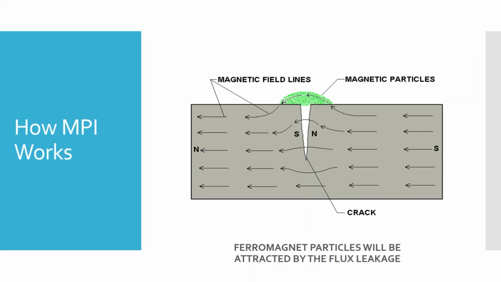And they coat them in either colored materials for visible light, if you're going to look at them under white light. That's what the portable systems use, like a dry powder. Or the ones we'll be using are coated in a fluorescent dye or a fluorescent material. And so then you shine a black light on it and it glows.